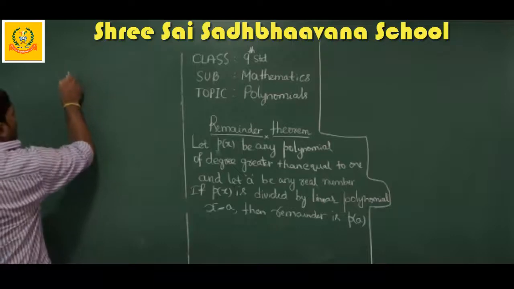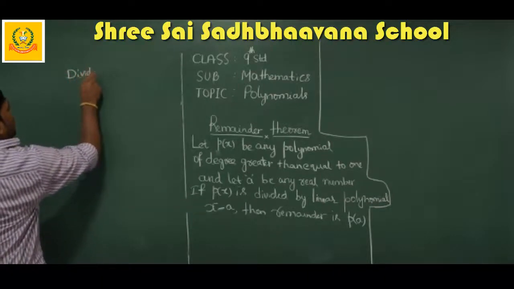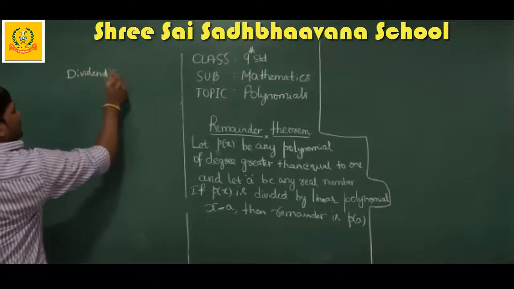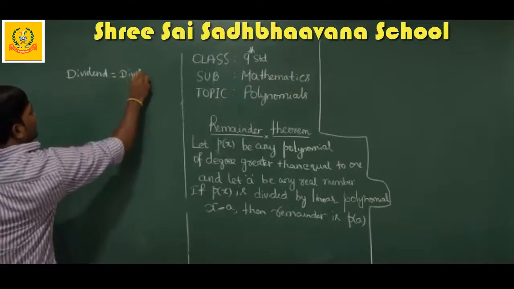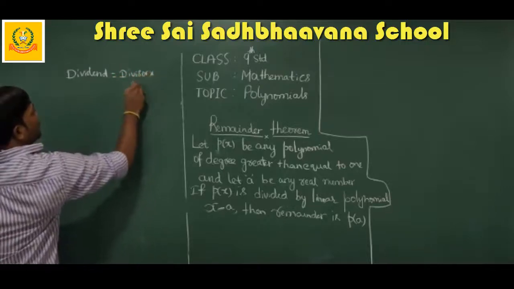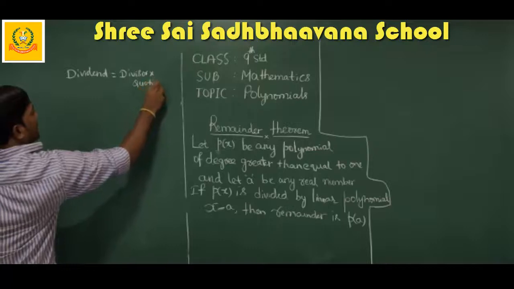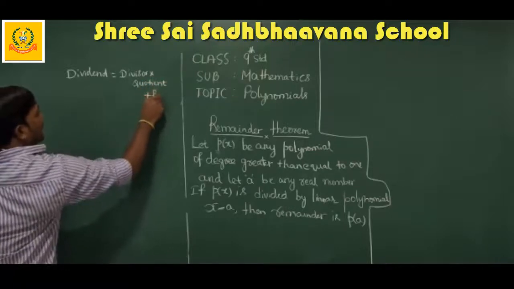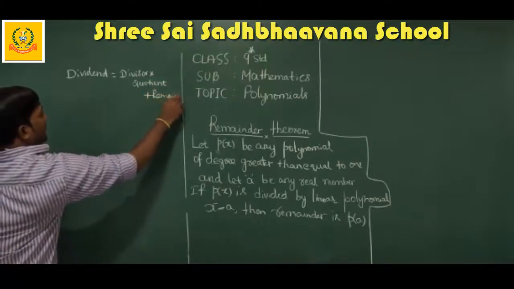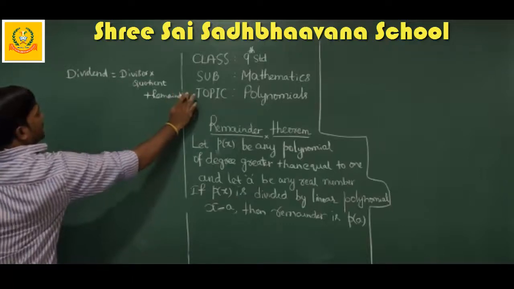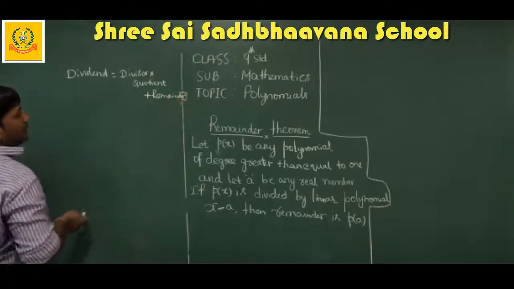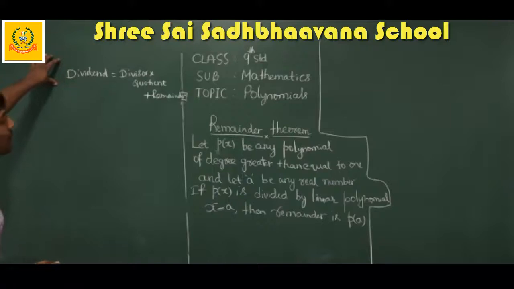Dividend is equal to divisor into quotient plus remainder. I hope everybody has come across this. Dividend is equal to divisor into quotient plus remainder.